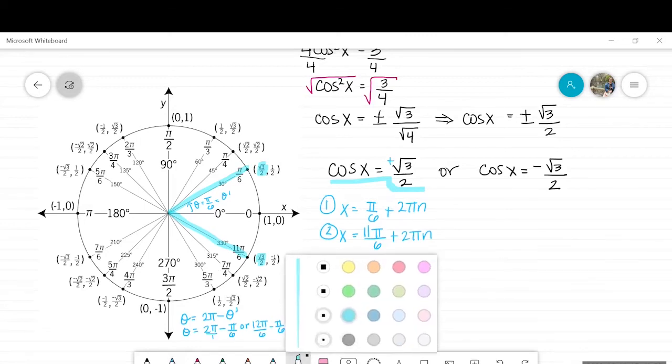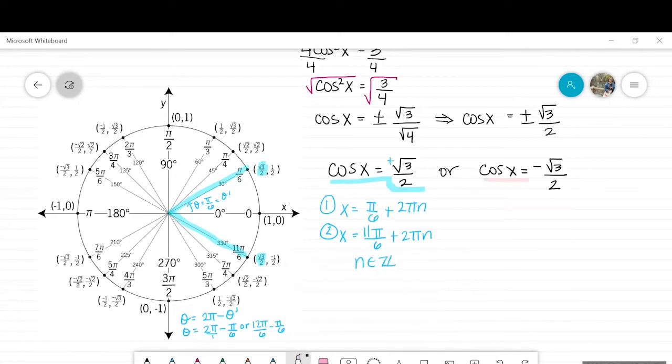Here, let's go with a pink this time, just because we can. So over here we're looking at a similar question, but it's negative this time, right? So we go back again and think in terms of inverse cosine functions.